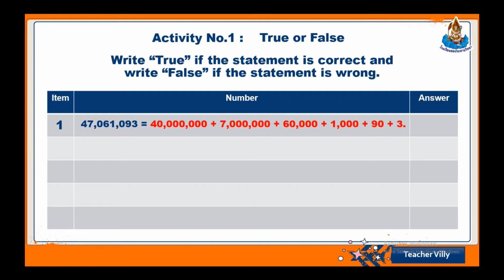So the number we have, 47,061,093, is written in expanded form as 40 million plus 7 million plus 60,000 plus 1,000 plus 90 plus 3.